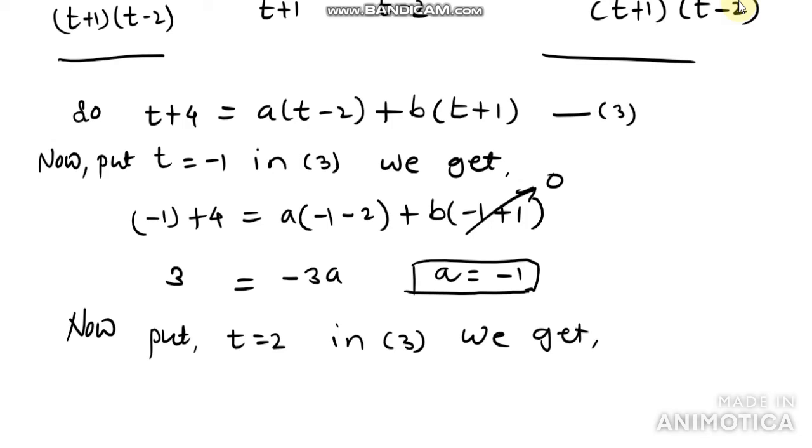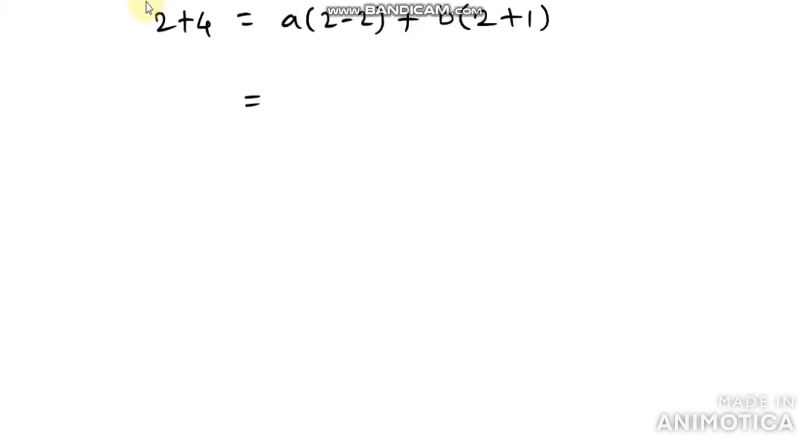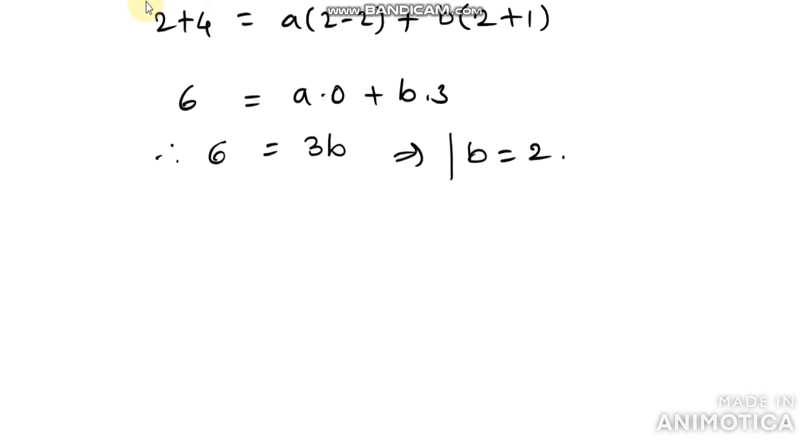We get, now t is equal to 2 in equation 3, that is 2 plus 4 is equal to a into 2 minus 2 plus b into 2 plus 1. So 6 is equal to a into 0 plus b into 3. 6 is equal to 3b, that means b is equal to 2.